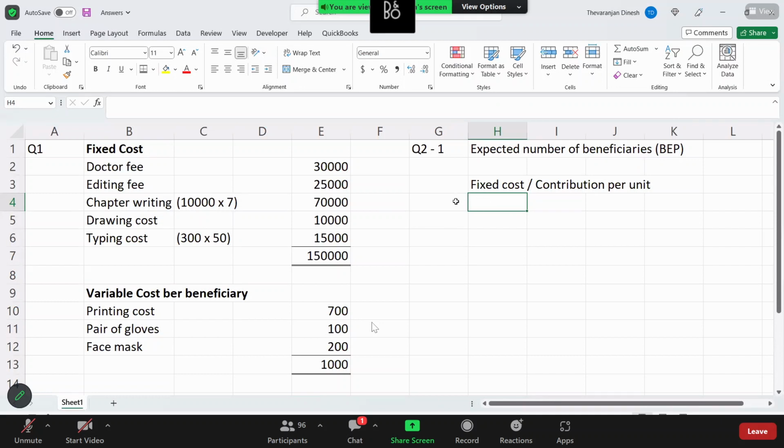So 150,000 divided by the contribution per unit. What is the formula for contribution per unit?